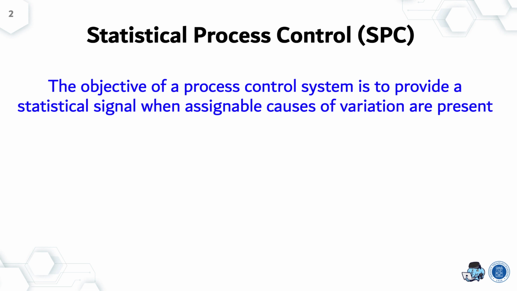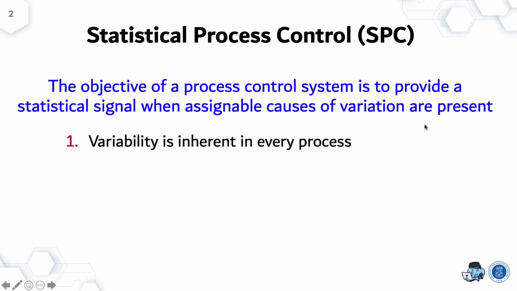The objective of controlling the process, or creating the process control system, is to provide a statistical signal when the assignable cause, this special type of cause of variation, is present in our process. We know that variability is inherent in every process.